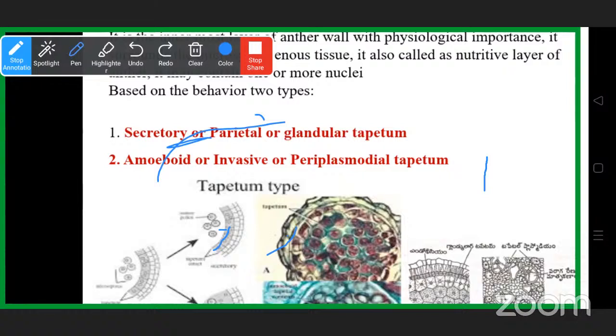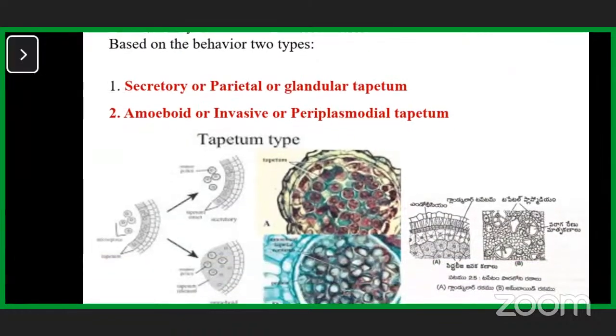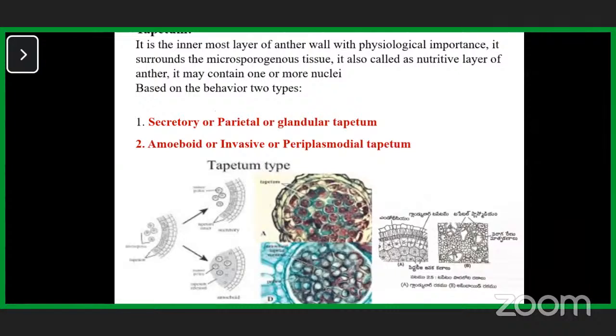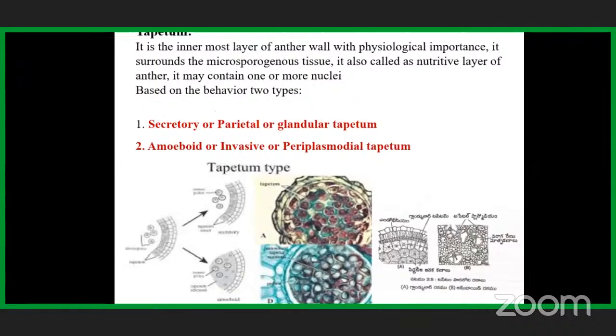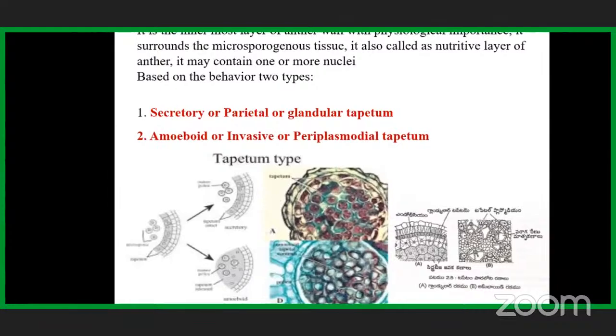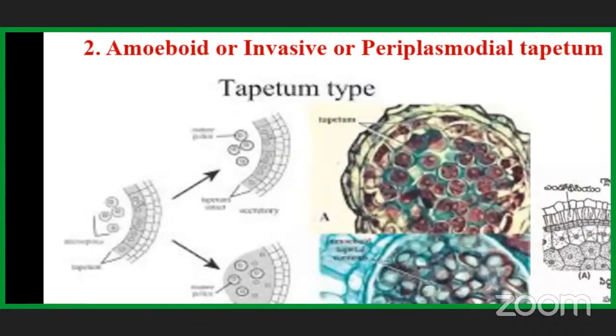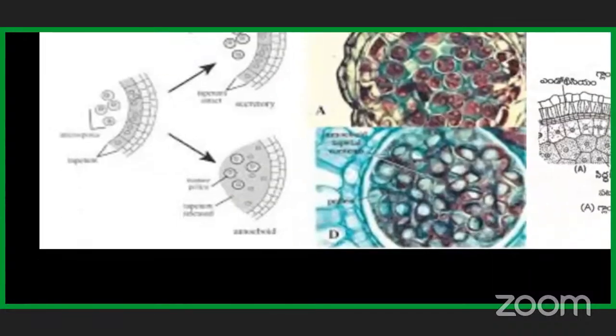The microsporogenous tissues are inside, covered by the tapetal layer, the tapetal layer immediate to the microsporangium. It gives strength and support, and also supplies nutrition to the developing, maturing microspores, that means pollen grains.